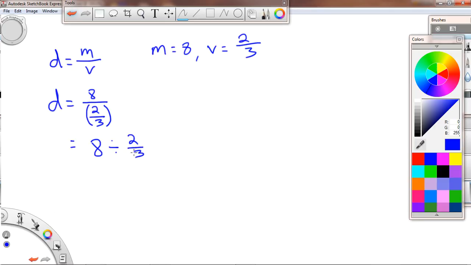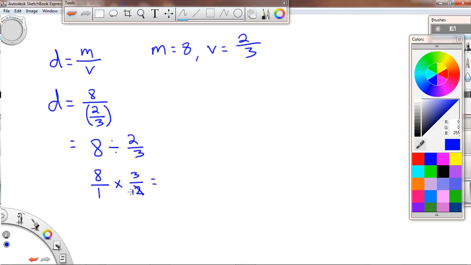So this is going to be 8 divided by 2/3. First step in dividing fractions is all numbers have to be written as a fraction. So this 8 becomes 8 over 1. We're going to keep, change, flip, and then solve this multiplication problem, and that'll be our answer. So I can cross cancel here. 8 and 2 share a common factor of 2.